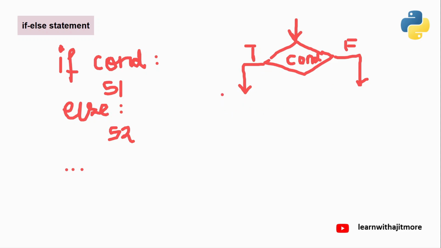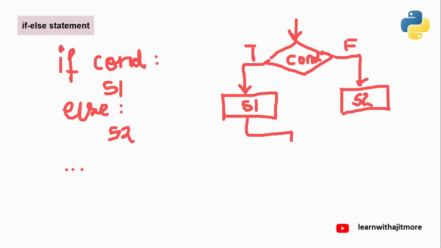If it is true, then it will perform the if part. Assume करते हैं S1. अगर false है, तो it will perform S2 part. But after doing S1 or S2, it will continue with the remaining code. जो भी आपका remaining code है. Getting? तो S1 हो गया तो भी रिमेनिंग कोड को आएगा, S2 हो गया तो भी रिमेनिंग कोड. तो whatever is the remaining code, it will continue with that.